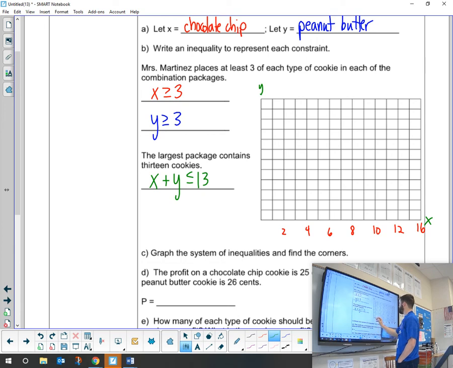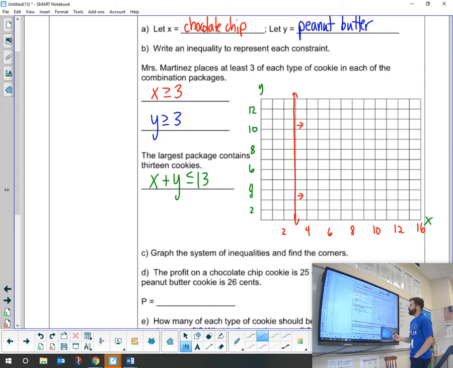So then my first one is for x is greater than or equal to 3. If x is greater than or equal to 3, remember that is a vertical line right here, and we're going to fill to the right, and it's going to be a solid line.